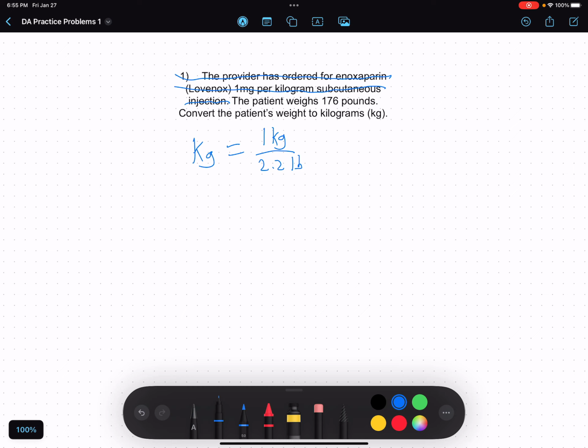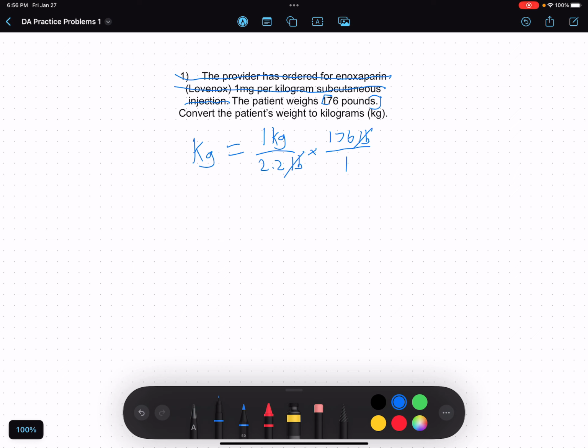This means that in every 1 kilogram, there's 2.2 pounds. And now we want to cancel out those pounds. So what do we do? We multiply and then we put pounds at the top. That is how we cancel out those pounds and are left with just kilograms. So we have 176 pounds, and that's from right here. And now we know that when we go forward and do this calculation, these pounds will cancel out.